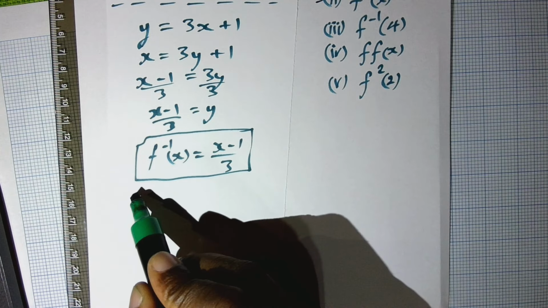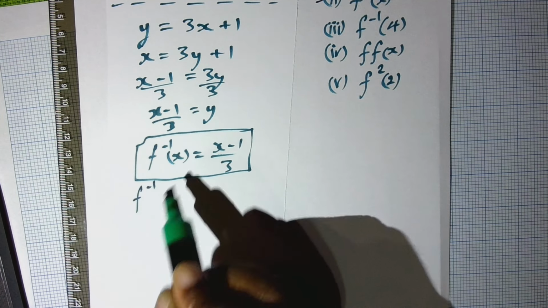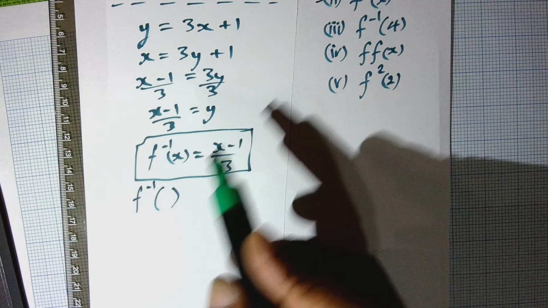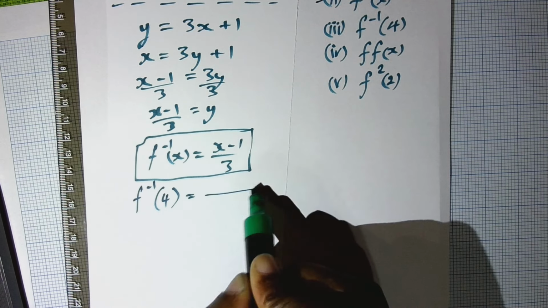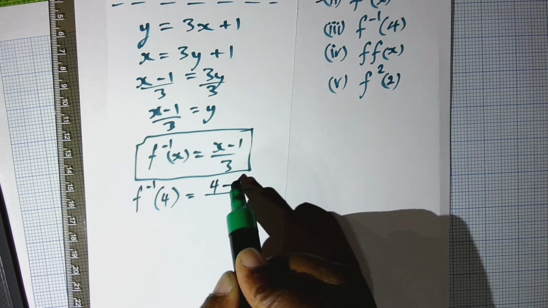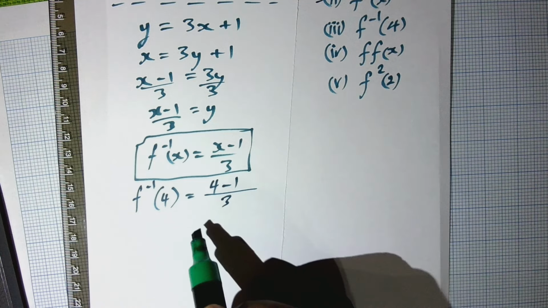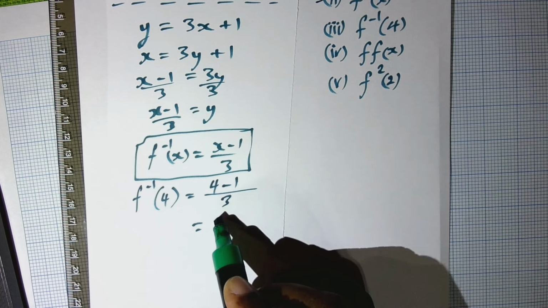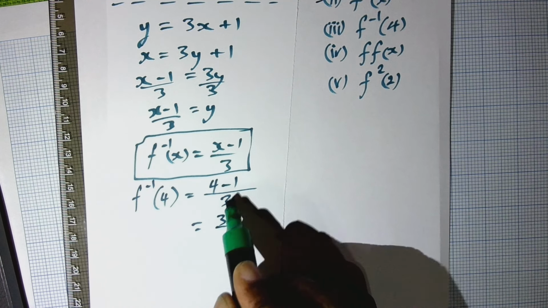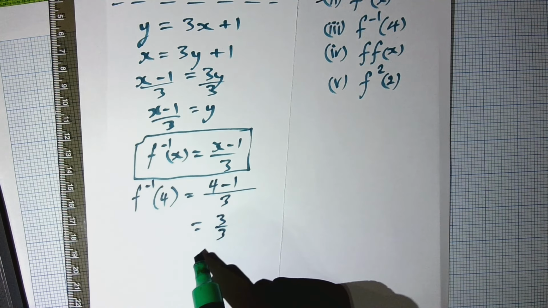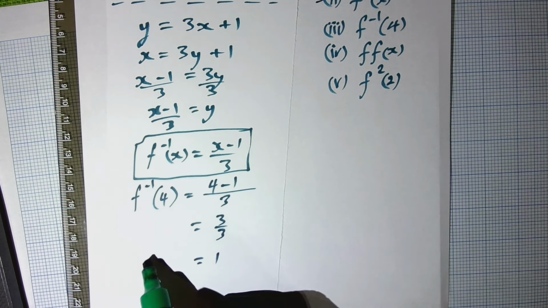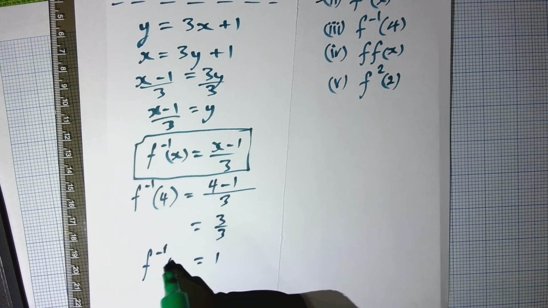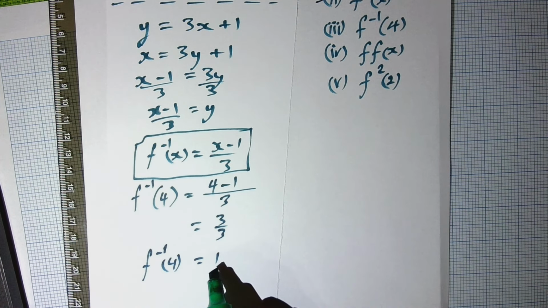So we're going to have f inverse of 4 equal, again put 4 wherever we have x, over 3, and this will give us what? 4 minus 1 is 3, divided by 3, and we get 1. So f inverse of 4 is equal to 1.